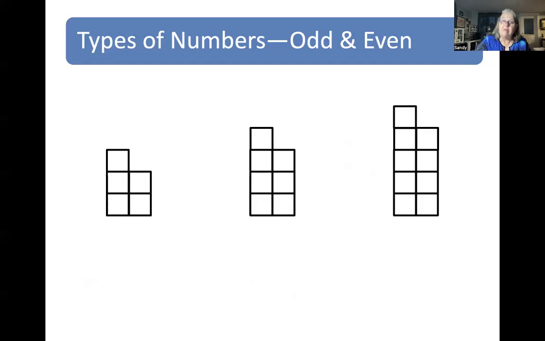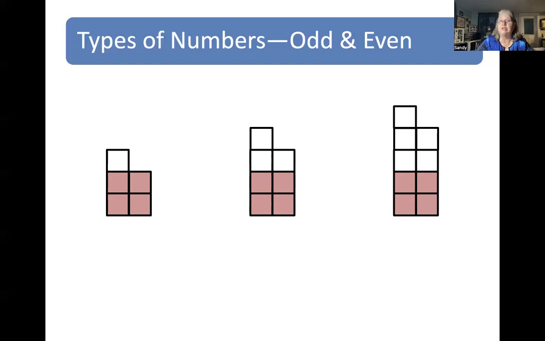Now, there are problems that they get as they move up in the grades that are things like, find 3 consecutive odd numbers with a sum of. Now that's where I started to get tripped up because I knew what odd numbers ended in, but I didn't have the understanding of 2n plus 1 or 2n minus 1. Now see, think about, do you see the double there? See, double 2 and 1 more is 5.